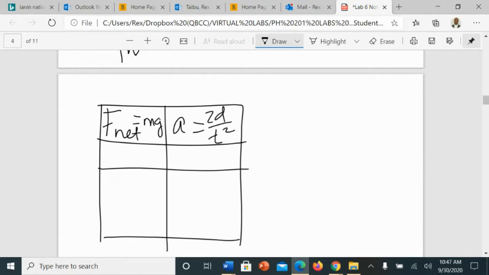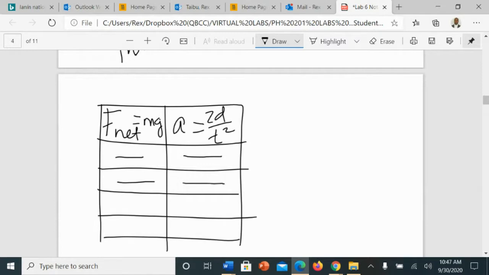Then I'll collect my data. For different values of net force, I have corresponding acceleration. I add the mass on the hanger, I have corresponding acceleration. I add the mass on the hanger, I have corresponding acceleration.